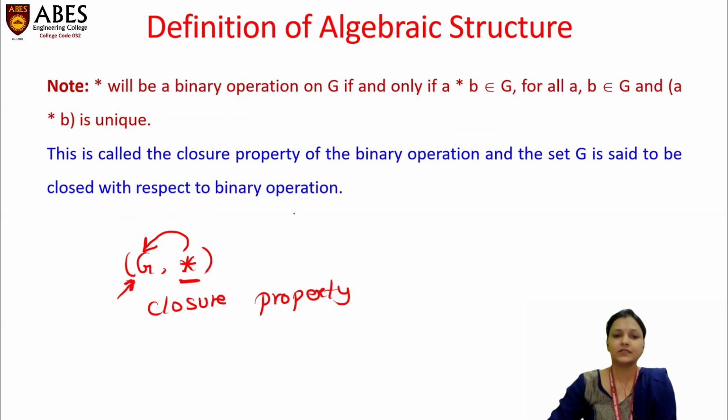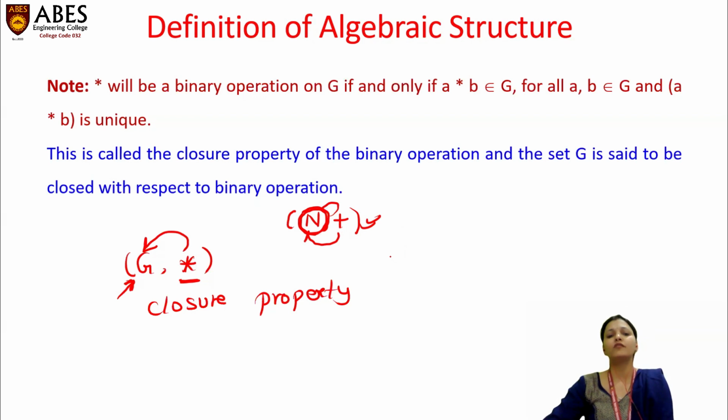For example, if we consider the set of natural numbers with the addition operation, then on applying addition on any two natural numbers, if we get a natural number, the closure property will be satisfied. And we all know that if we add any two natural numbers, we will always get a natural number. So this is an algebraic structure.